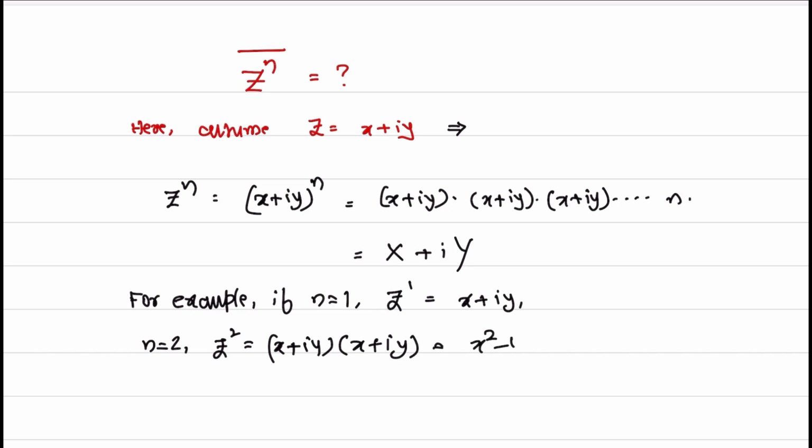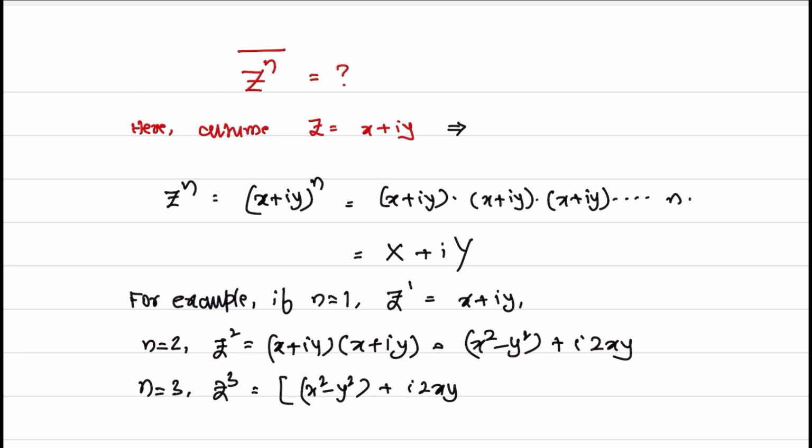X square minus y square plus i into 2xy. And when n is equal to 3, z cube, that is (x square minus y square plus i into 2xy) multiplied by (x plus iy).